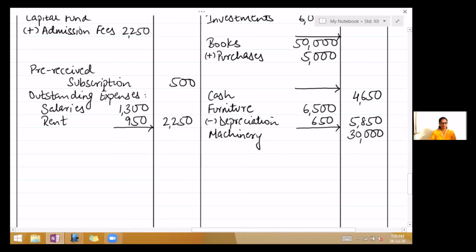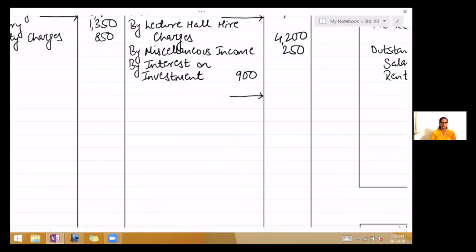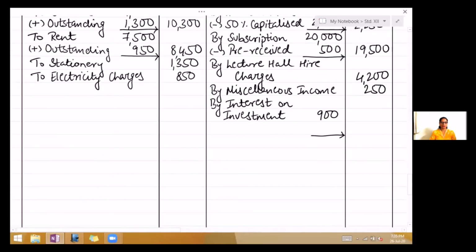Second effect, write it on the expenditure side, write depreciation, below that write furniture, 650 in the inner column because we've got one more asset which is depreciated.